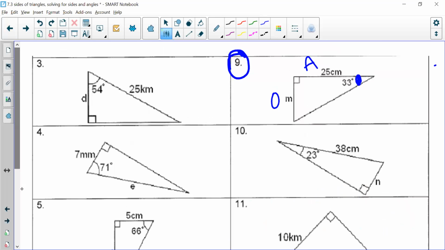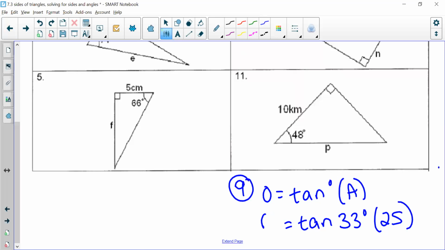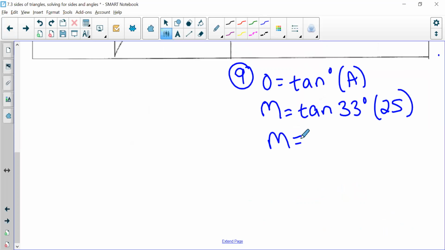M. So on your calculator, tan of 33 times 25. How big is M? Did anyone get that?